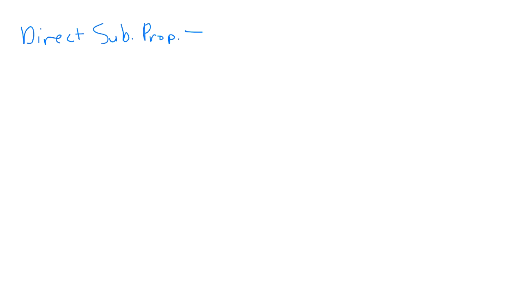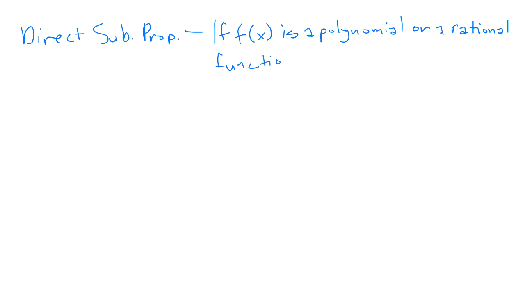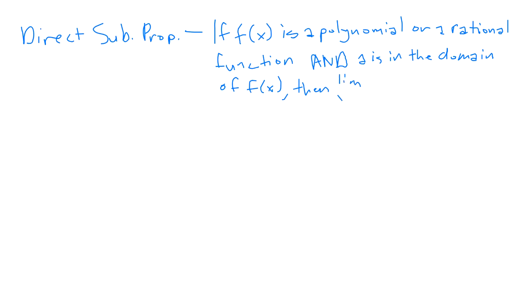Our direct substitution property says that if we have some function f of x, and it is either a polynomial or a rational function, and a is in the domain of our f of x, then the limit as x approaches a of f of x is simply going to be equal to f of a.